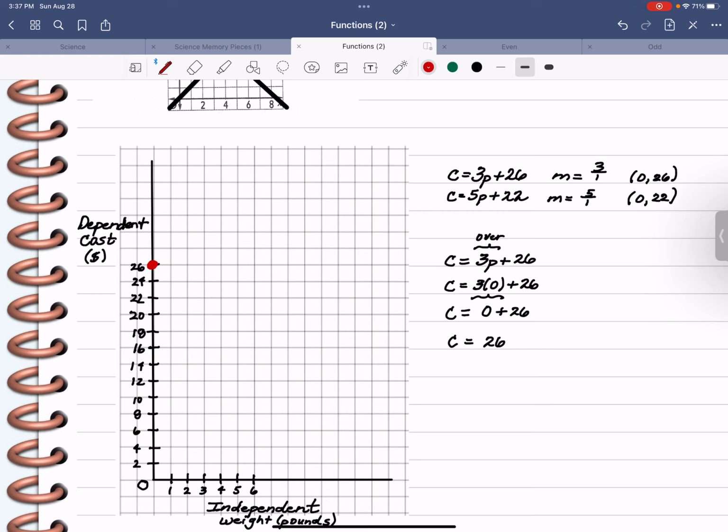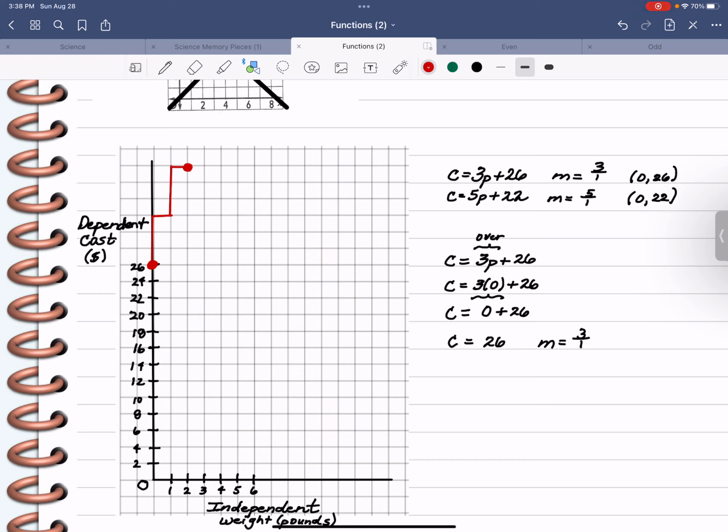Okay, from there, the slope on this one, remember, is 3 to 1. So let's plot our slope. We are going to rise 3 and run 1, rise 3 and run 1, and there I'm going to go ahead and put my point down so that I can draw a graph.